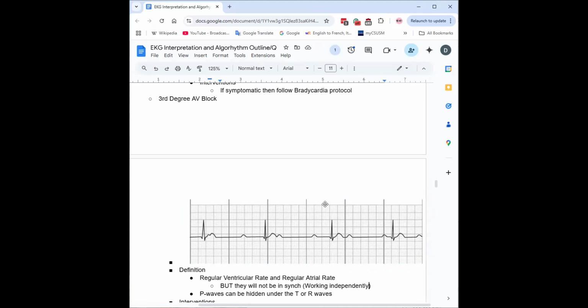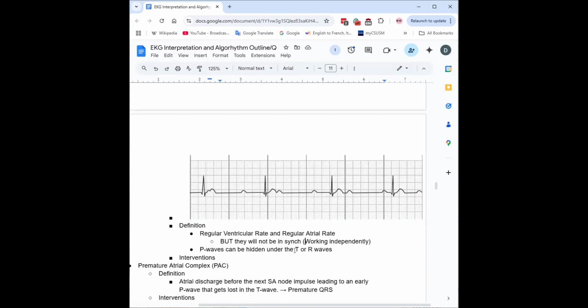Here the R's are consistent. Let's start at this P because it's a little bit easier. The other one highlights how you can have those P waves lost in the T waves because sometimes you have strange overlapping. It gets lost in the sauce of the T or the R wave.